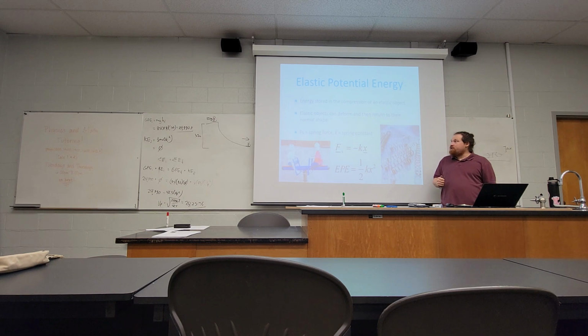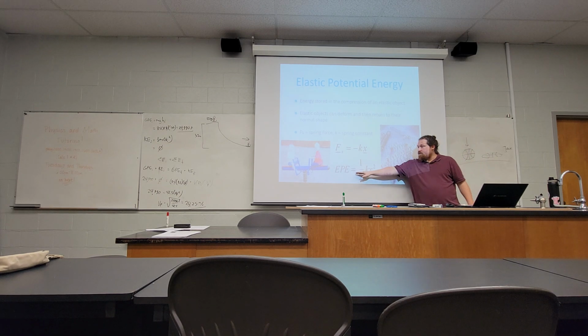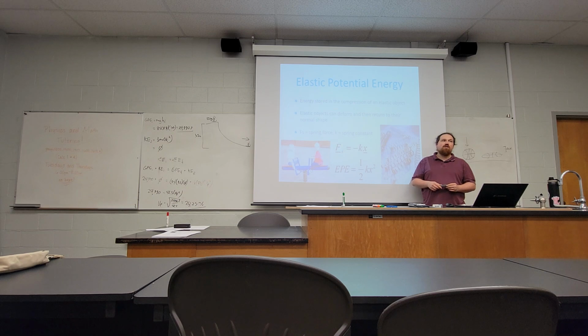And the amount of energy that's stored inside of something, EPE, elastic potential energy, is equal to 1/2 times the object's spring constant times x squared. X is the magnitude of deformation, the current change in length of the item.